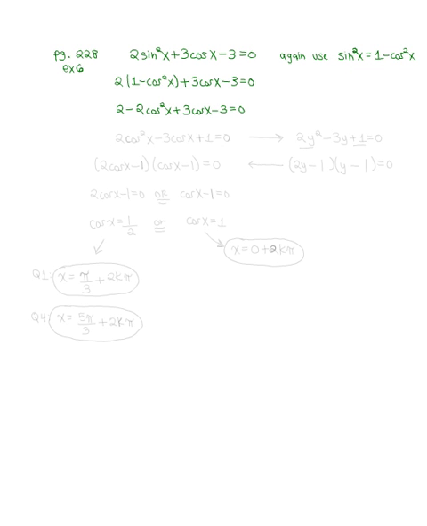And then you'll notice that 2 minus 3 is negative 1, so I'm going to add 1 to both sides as a third step. Doing all these three steps in one, we get 2 cosine squared x minus 3 cosine of x plus 1 equals 0.